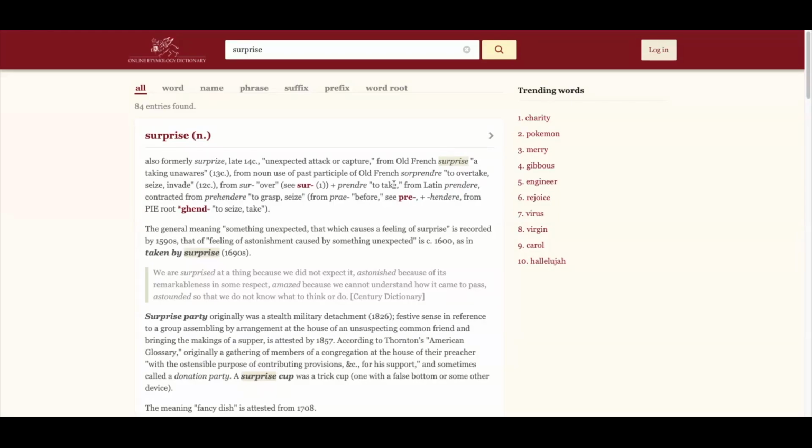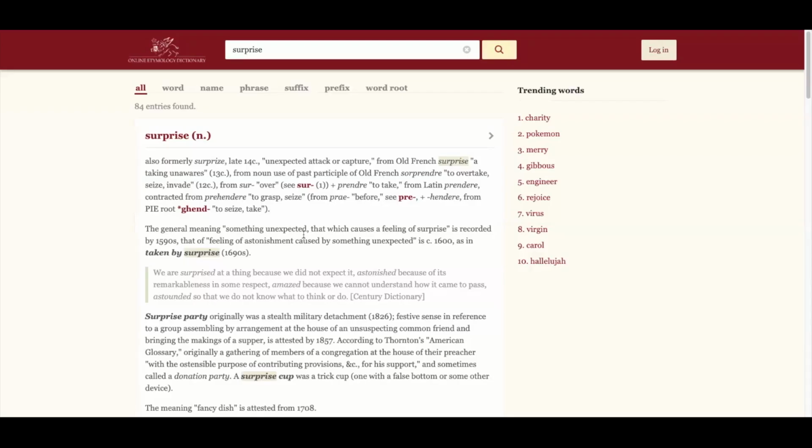Its original meaning was in the idea of war or battle. So an unexpected attack or capture, that makes total sense that overtaking is the meaning of the two parts. It wasn't until later, like hundreds of years later, the 1590s, that this idea of an unexpected thing came about.